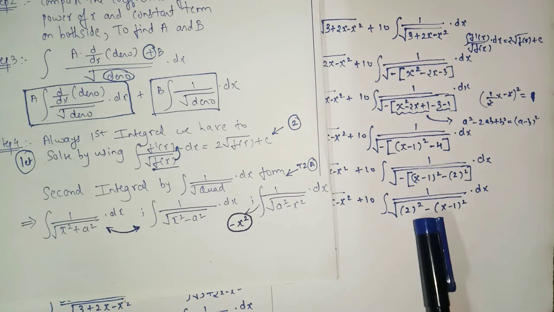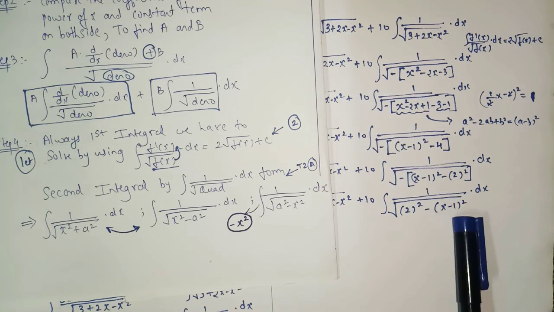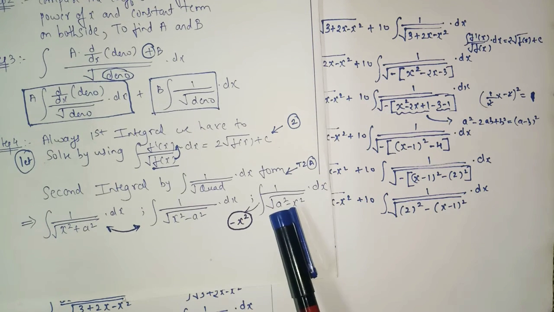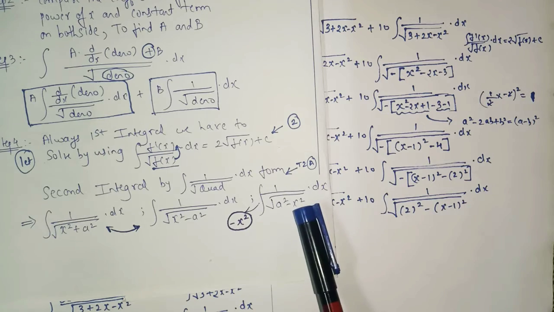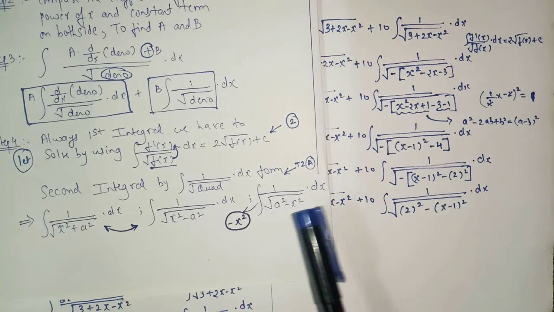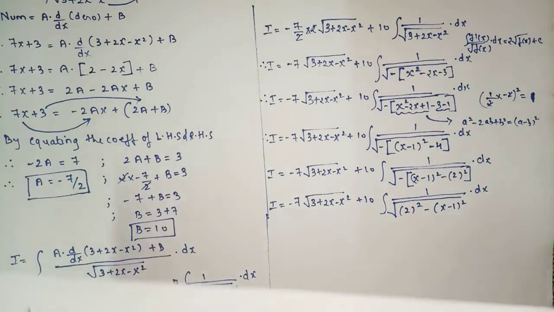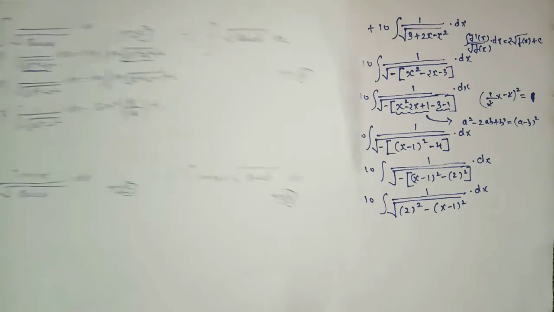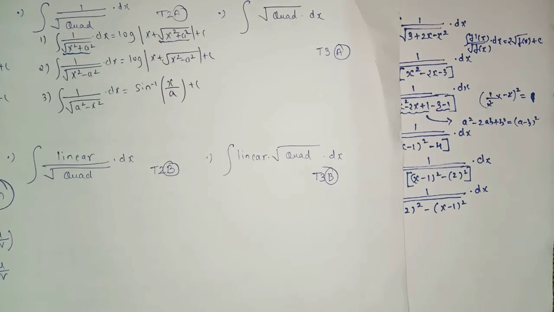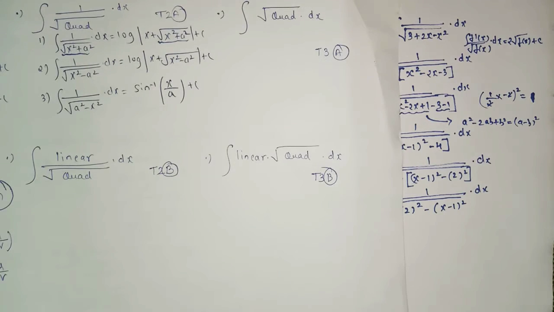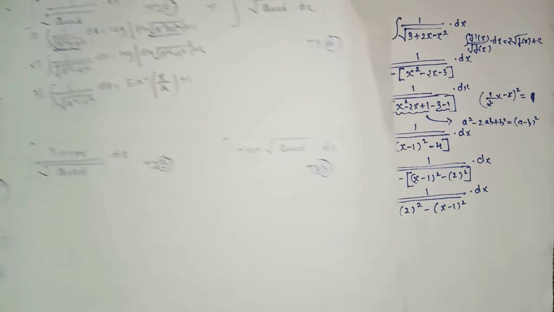As clearly we can see that first is number and the second part is variable. So first is in the form of a square and second part it is in the form of x square. So we have to apply the third formula. Yes or no? So here we know that what is the third formula? Third formula is what? Integral 1 upon root a square minus x square into dx is equals to sine inverse x upon a plus c.